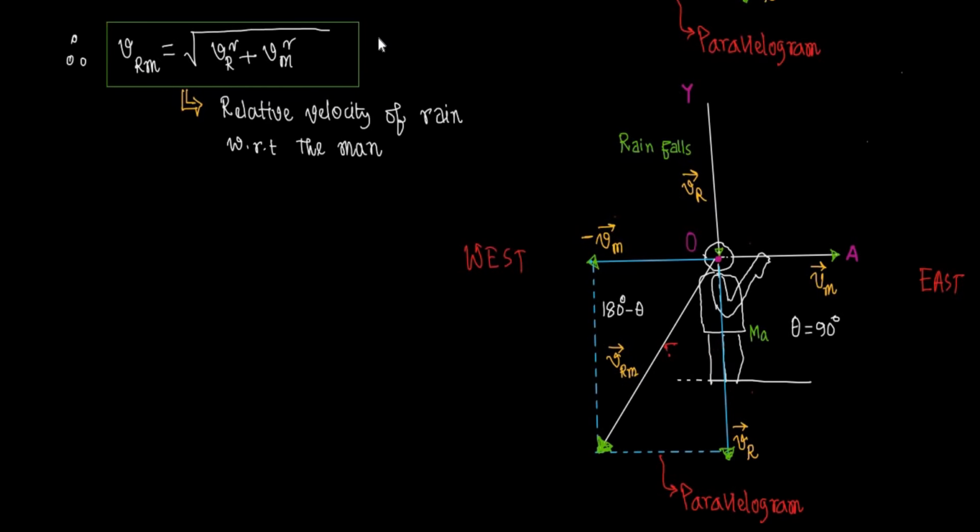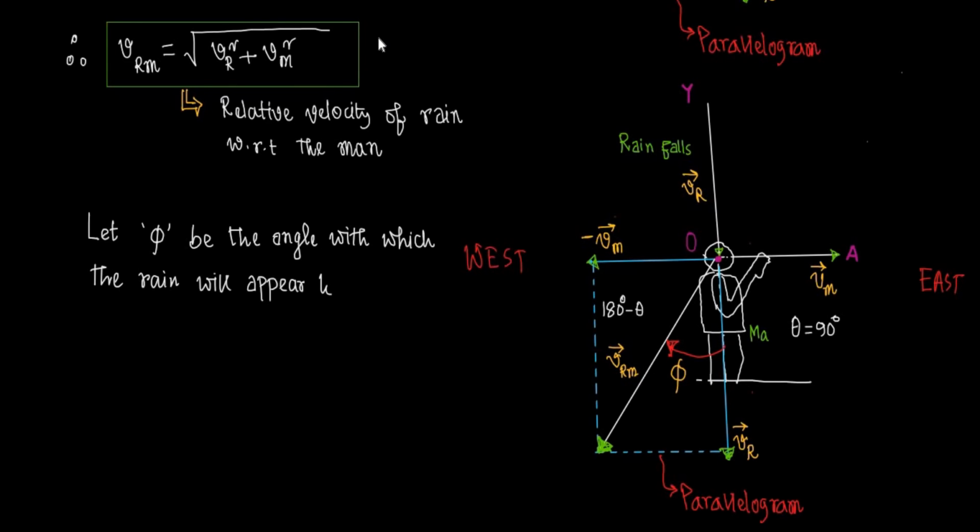That means phi is the angle subtended by VRM with the vertical direction.